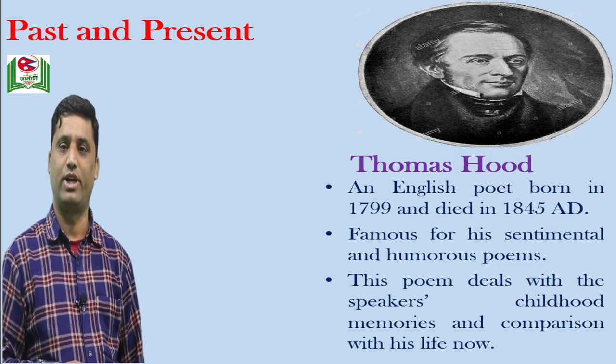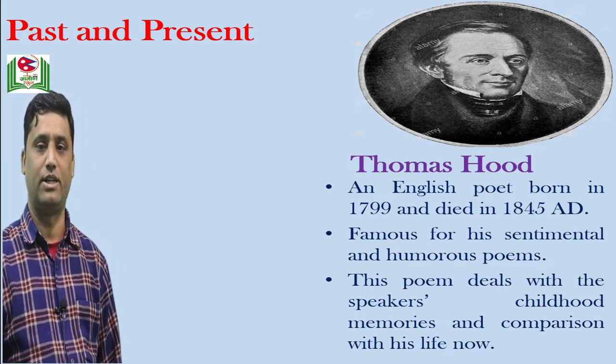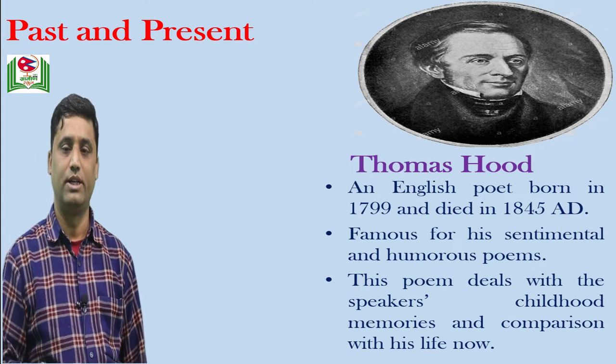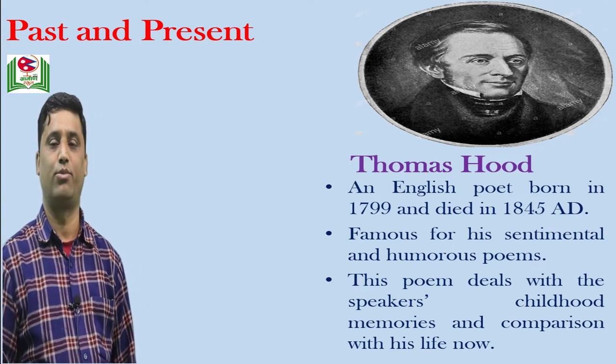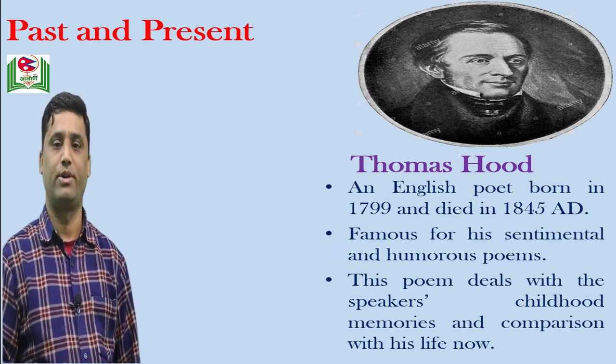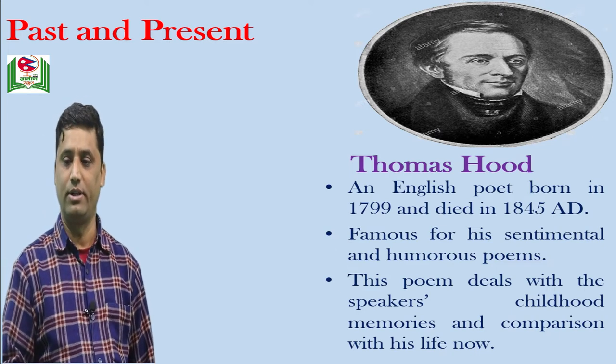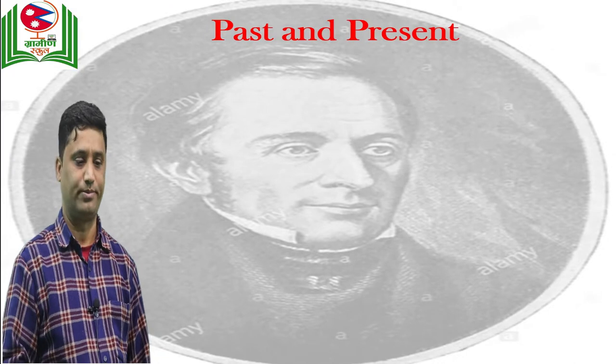And he is also trying to compare the days of his childhood and the present situation now. Now he has become an adult and he remembers the happy past days, and he is comparing these with the very tiresome days now.